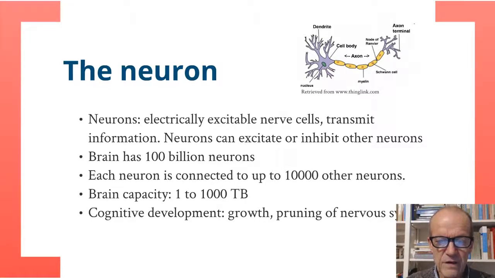Okay, first the human brain and then the building blocks of the human brain, the neuron. The neuron is, as I said, the most important and smallest functional unit within the brain. Neurons are electrically excitable nerve cells, as it is stated here, and they transmit information. I think we have an example here.